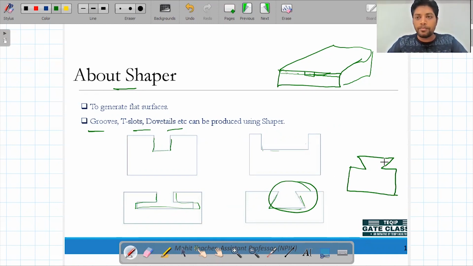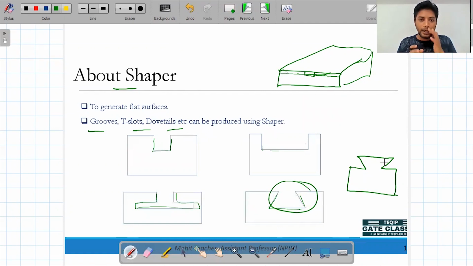But at the end, because it has a very wide structure, because it's a complete mechanical instrument, the area this machine covers is very large, and comparatively the productivity is very small, very less.